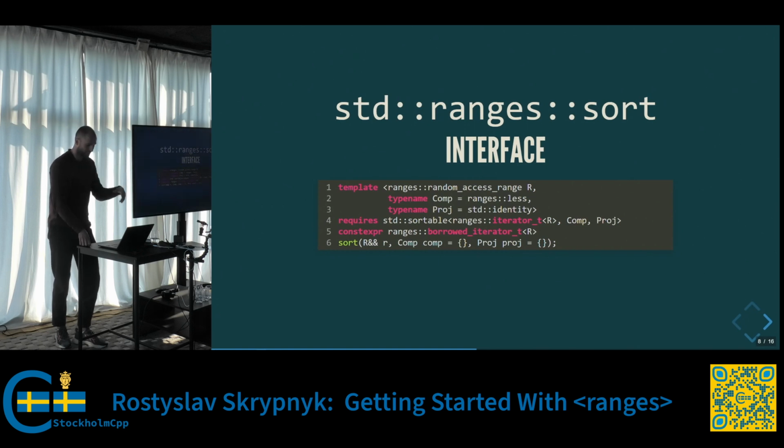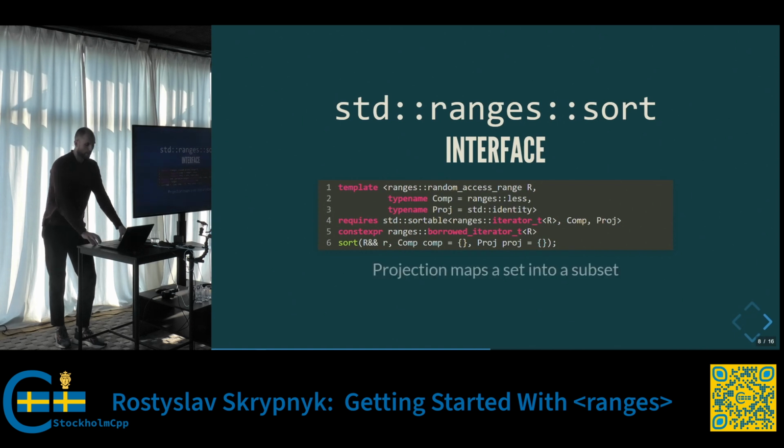So what gets in goes out. And then what we require is that for the given comparator and the projection, this iterator type has to be sortable. And what the projection does is it maps a set into a subset.